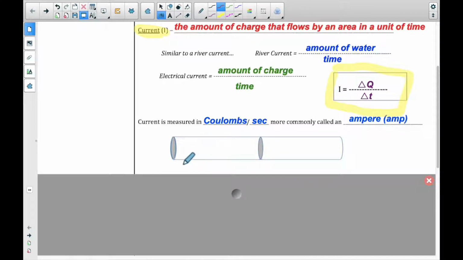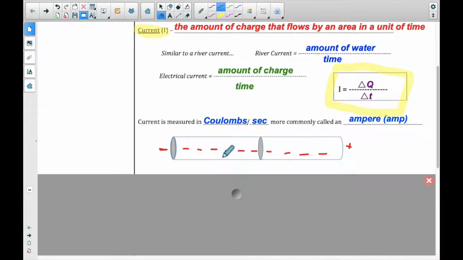What I mean by how many coulombs per second is what is moving through, let's say this is a wire. Let's say this is a big wire and I've zoomed in on this wire, and we have several negative charges moving through here, and they are moving from the negative on the battery, let's call it a battery, to the positive on the battery.